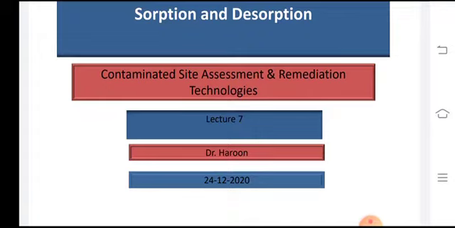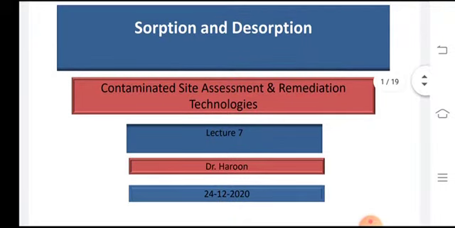So for example, if a solute is entering into the soil medium, it will first exist in the pores, and then based on its particular characteristic, it can get attached to the solid phase, or it will get dissolved in the aqueous phase.